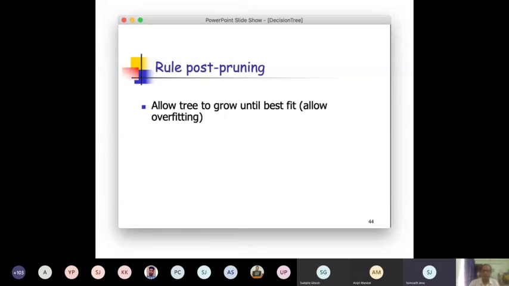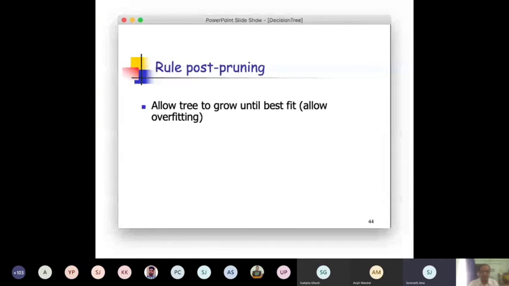First you tell me, you consider a non-leaf node for pruning.